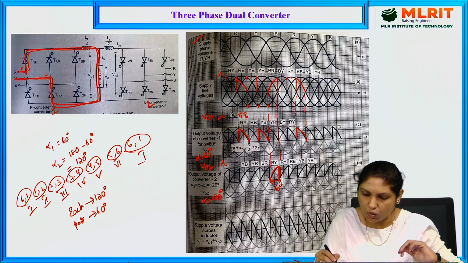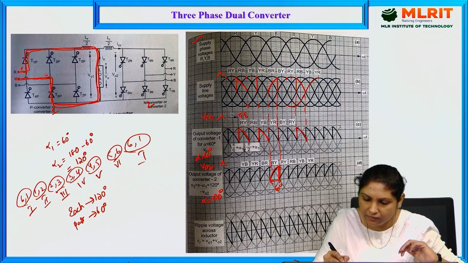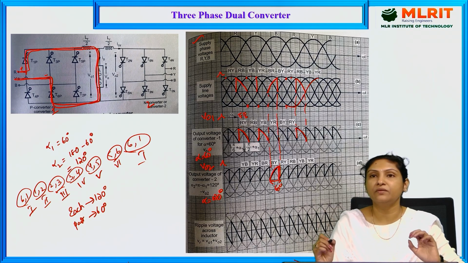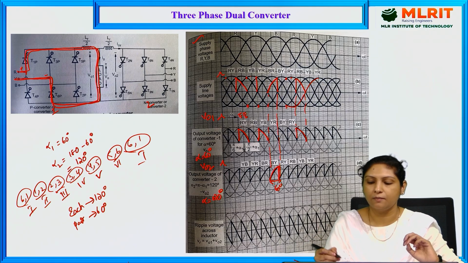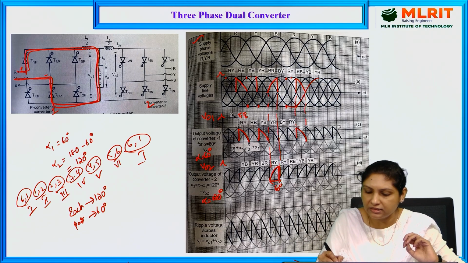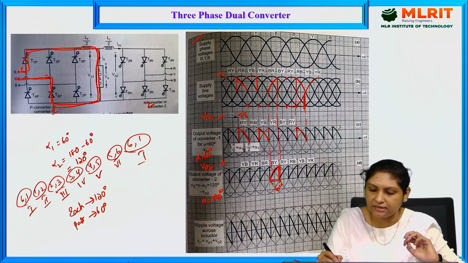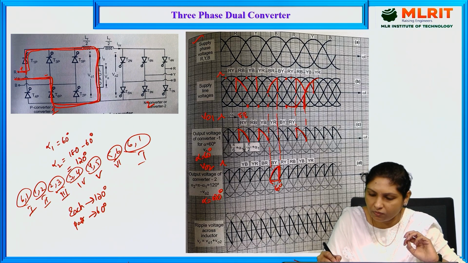And let us check out for YR. For YR, this is the zero crossing, and we will have to provide the triggering pulse for YR at 120 degrees. So this is 60 and this is 120. That means we will have to provide the triggering pulse at this instant so that it starts conducting for a period of 60 degrees. Right.